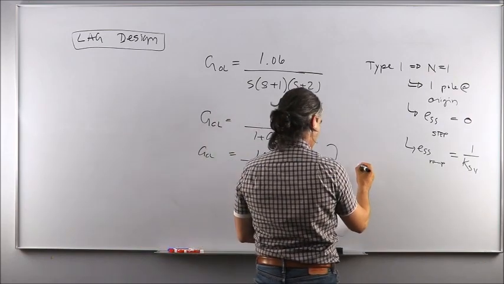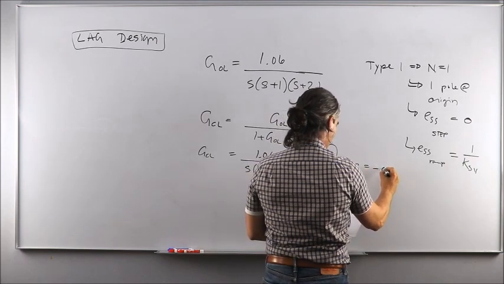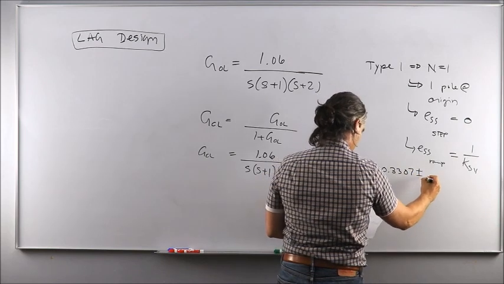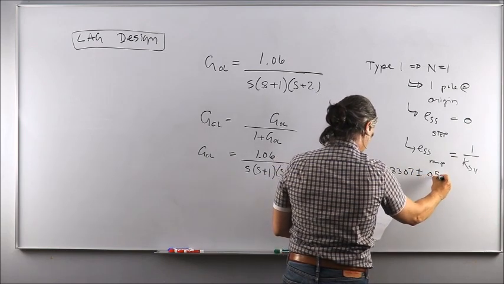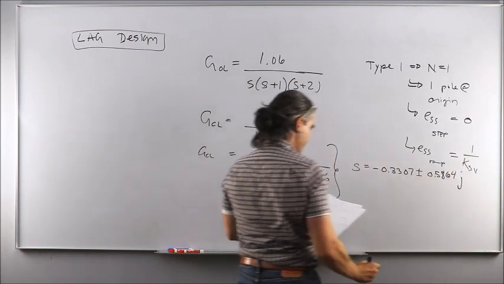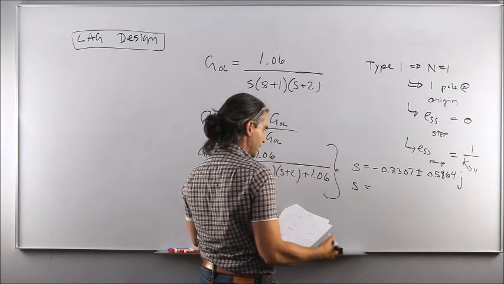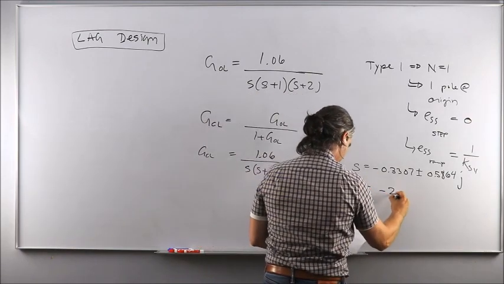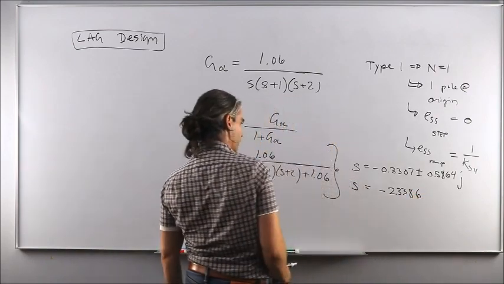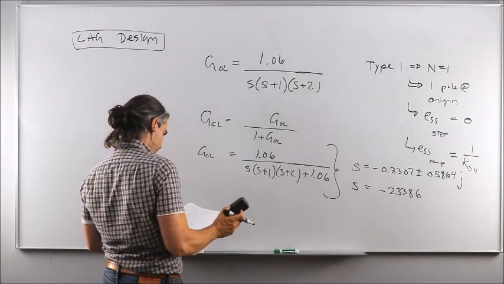It's not required. So we have two poles that are complex conjugates at -0.3307 plus or minus 0.5864j. The prof told us that the other pole was at -2.3386, a real pole with no imaginary component.